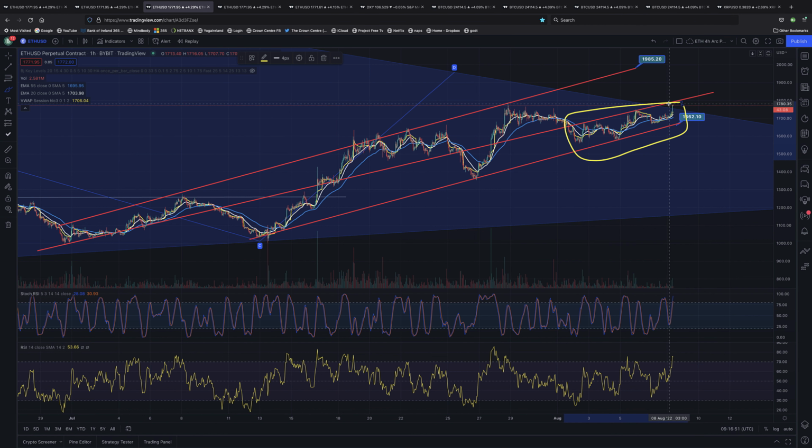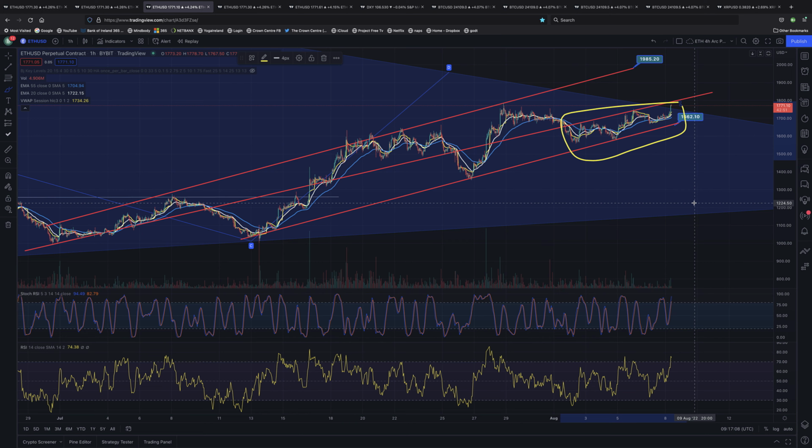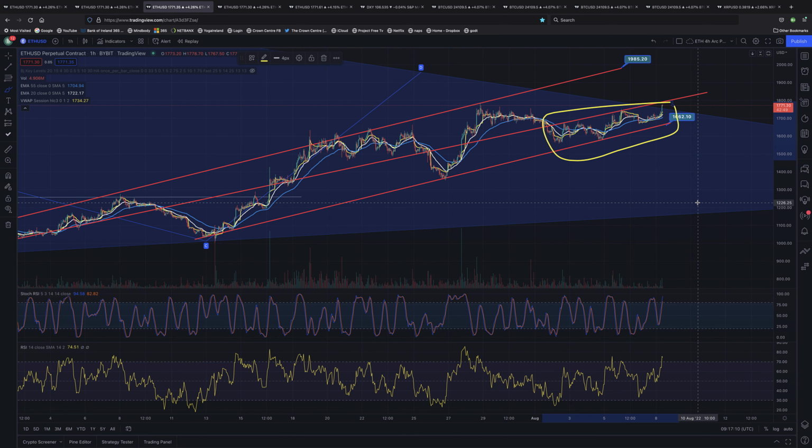So I'd love to see this line break, and when this line breaks, it is in confluence with breaking the previous high and reaching out for the late 1900s, maybe 2000s. So we're meeting some resistance in terms of the trend. So not necessarily the MAs are offering great support, but the trend, we can break through the trend line.